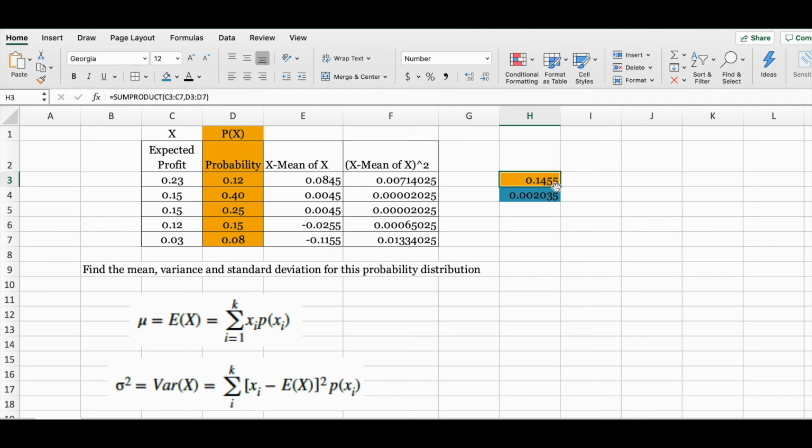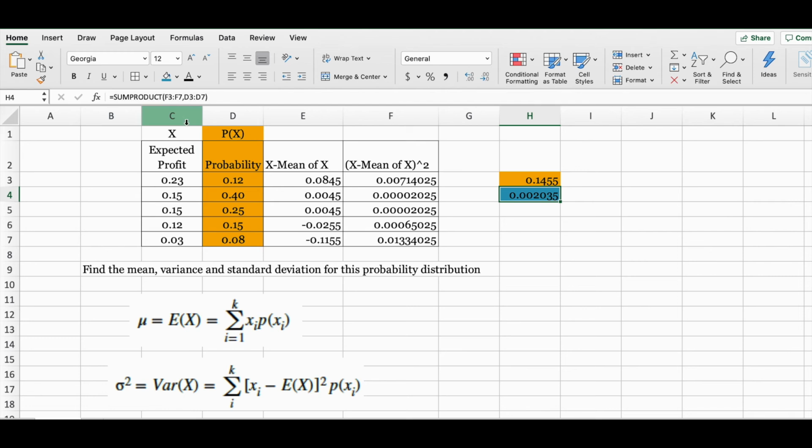So using the SUMPRODUCT function, we were able to multiply 0.23 times 0.12 plus 0.15 times 0.40 plus 0.15 times 0.25 plus 0.12 times 0.15, and the last one 0.03 times 0.08. The SUMPRODUCT function made it much simpler for us to do it all at once instead of doing it one by one.